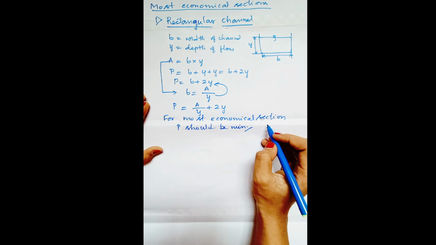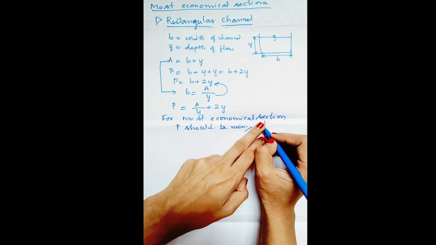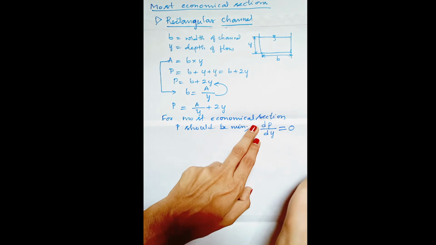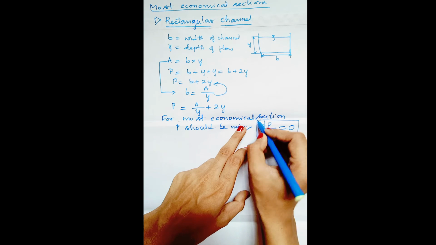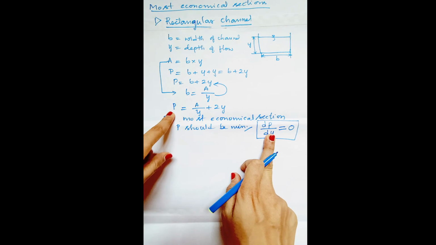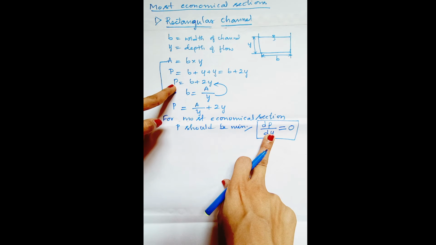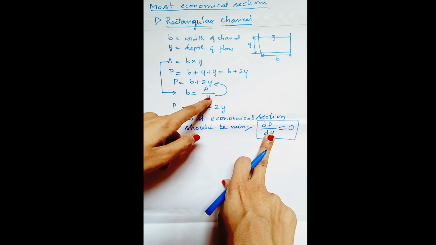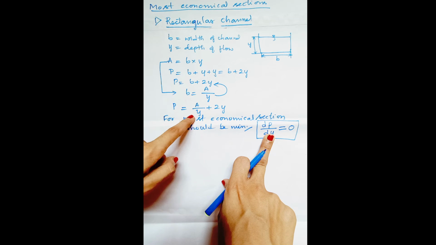For a minimum perimeter, we have to differentiate the perimeter with respect to the depth of flow and equate it to 0. This is the condition to obtain the most economical channel section. We considered the area and perimeter, and from the area we got B as A by Y, substituted it in the perimeter, and got A by Y plus 2Y.